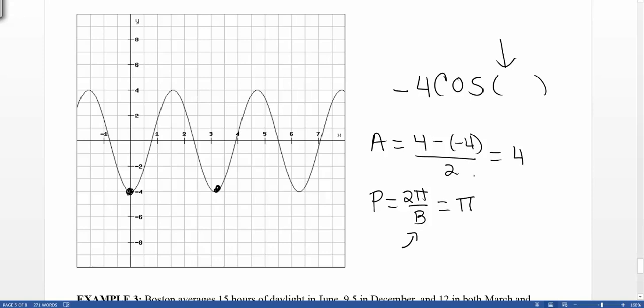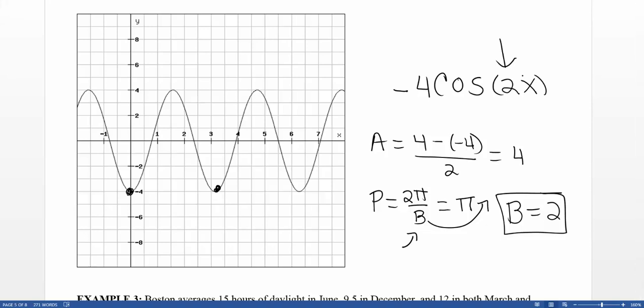So since 2 pi over b equals pi, I can solve for b. I can multiply this b up and then divide the pi down. And if I do that algebraically, I get that b equals 2. So here, I'm going to fill in a 2 inside my argument. So I have negative 4 cosine of 2x.